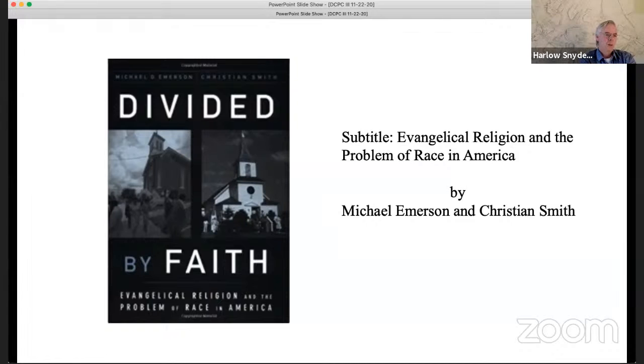This book this week is very much sociological in its approach. And the authors are both sociologists of religion, and their approach, we'll see, is quantitative. This whole book is really based on a couple of different surveys, one of which they did, in which they called and spoke with and interviewed something like 2,000 evangelical Christians.